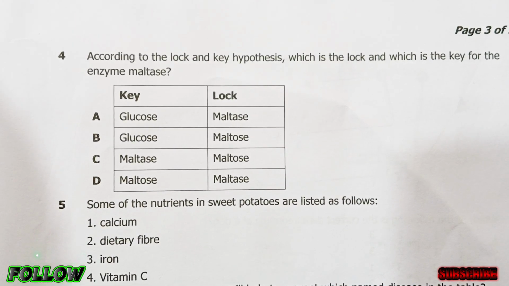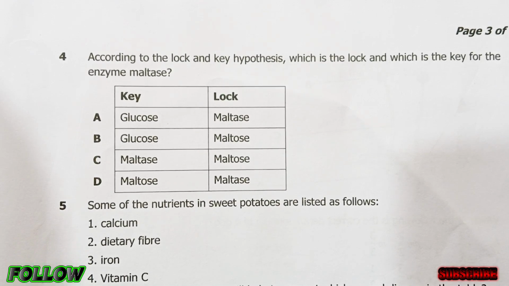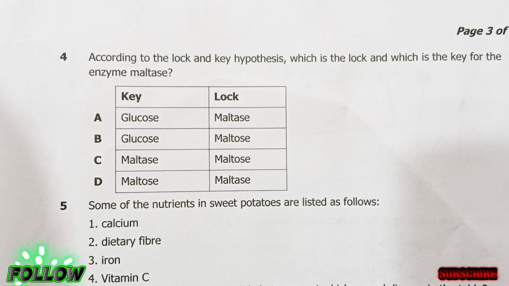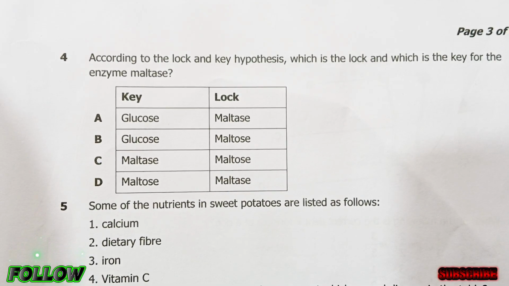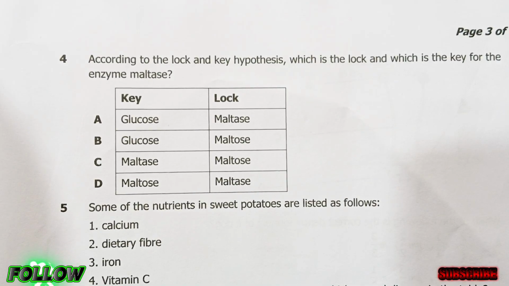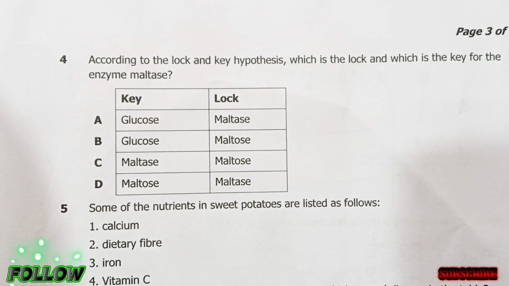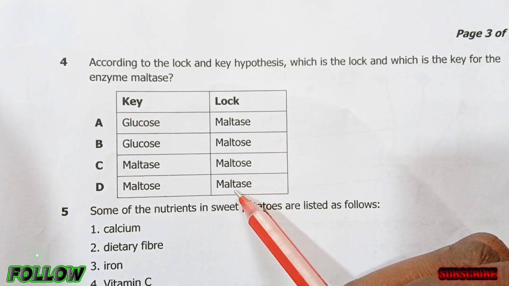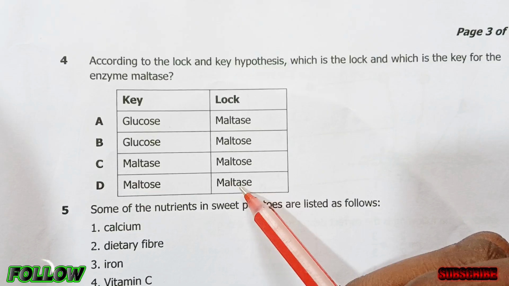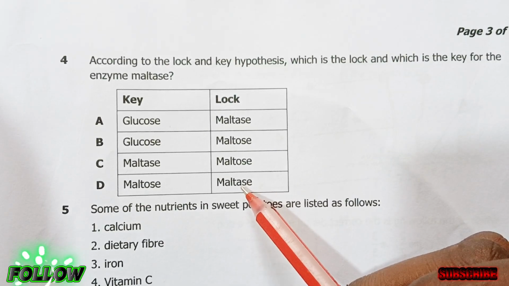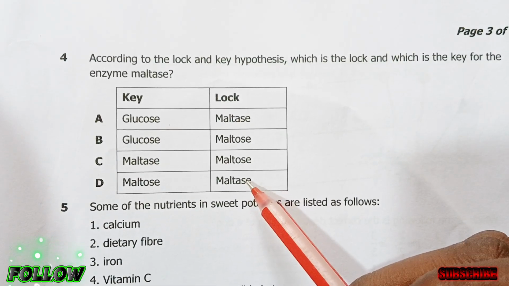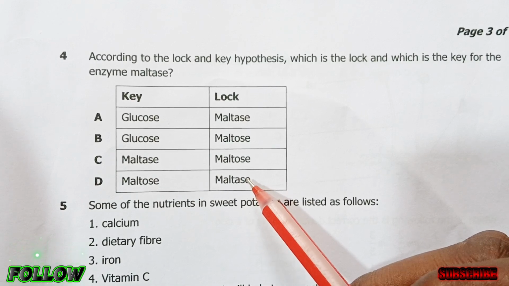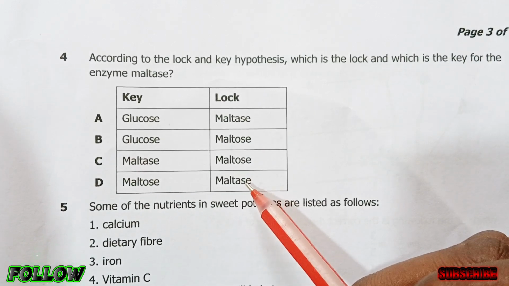What you need to understand is that in the lock and key hypothesis, the enzyme is the lock and the substrate is the key. Maltase is the enzyme, so the enzyme is always the lock. Maltose is the substrate that fits into maltase.